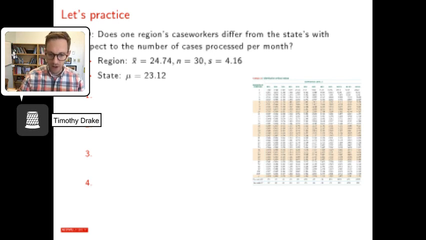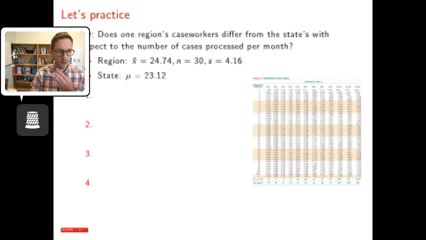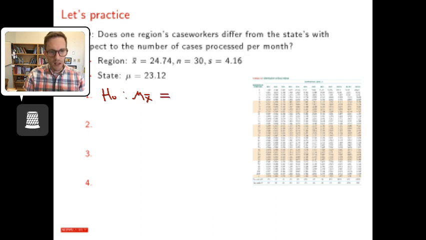All right, so I'm going to work through this problem. I've erased the steps here, but we should almost have them memorized by now. Remember, number 1 is to state our null and alternative hypothesis. So the null hypothesis is that this sample mean will equal the mean for the state.